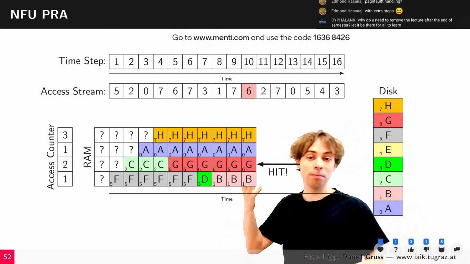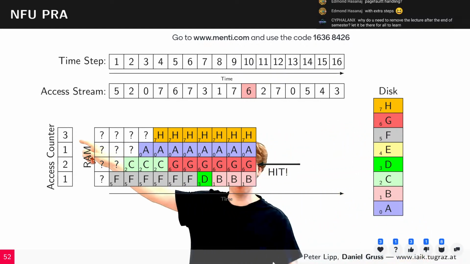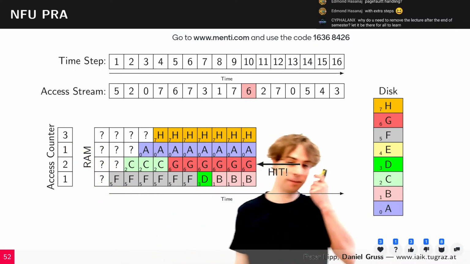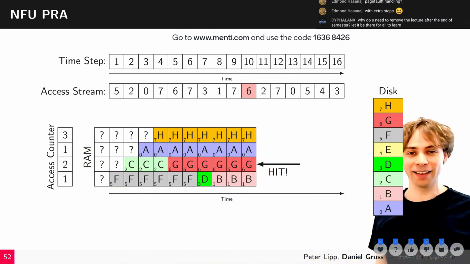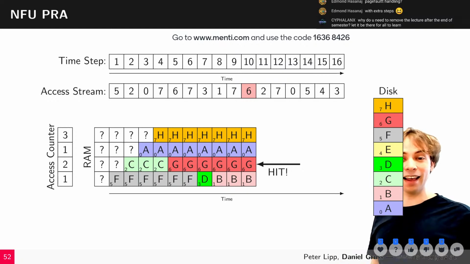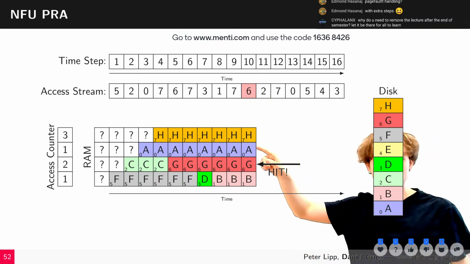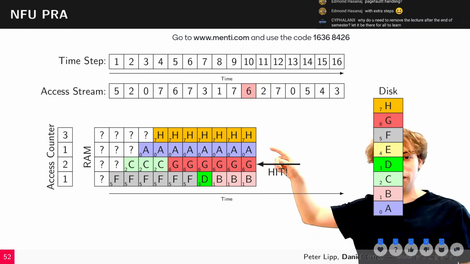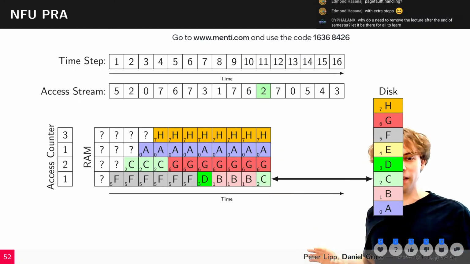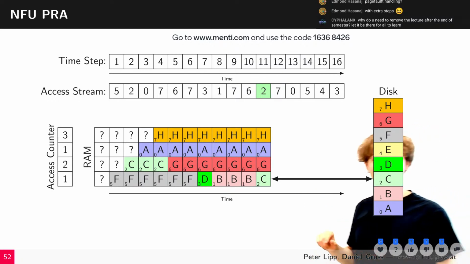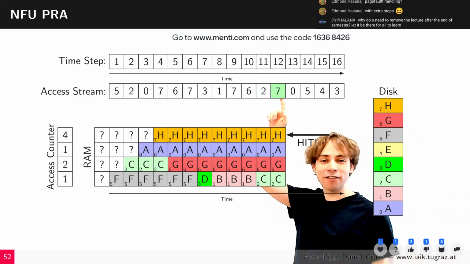Actually, it cannot be evicted right now as long as there are pages with access counter 1 around. Okay, let's take a look at the next access to offset number 2. It has to replace one of these 2 here because the others can't be replaced anymore. Okay, this one maybe.